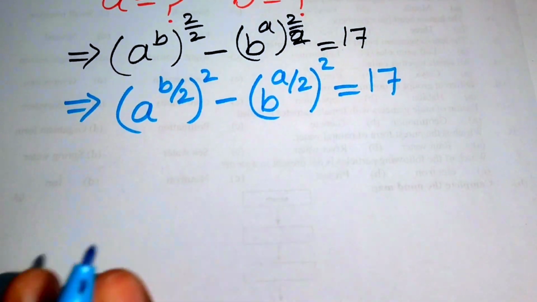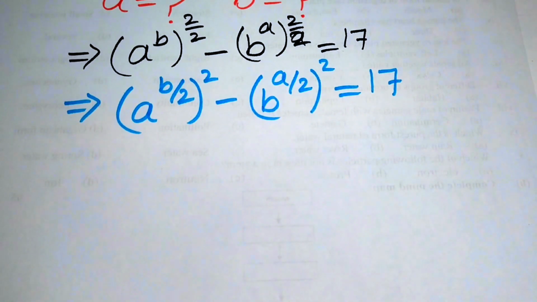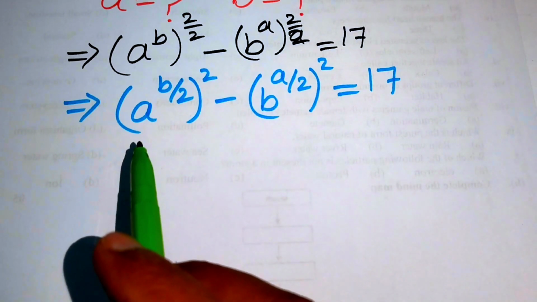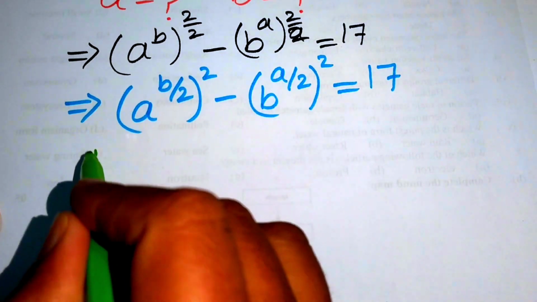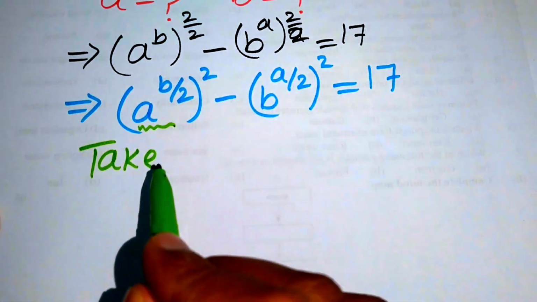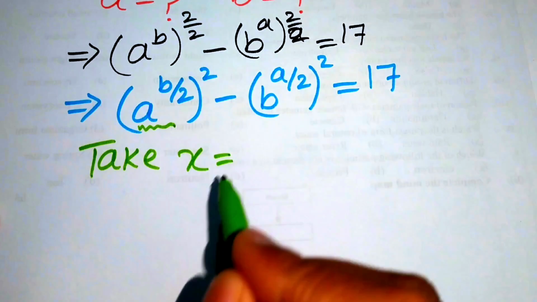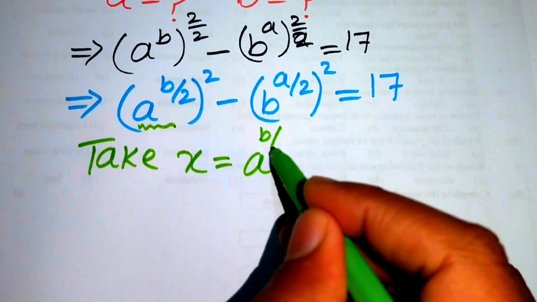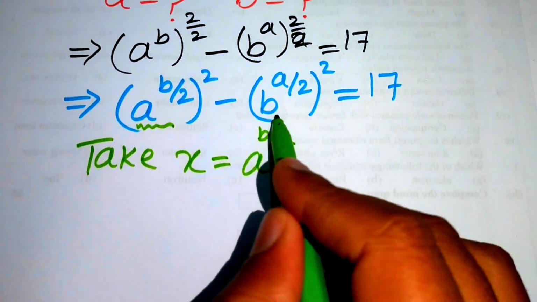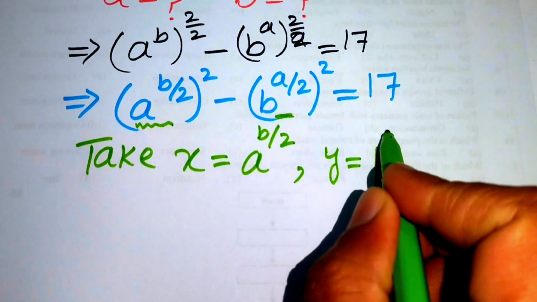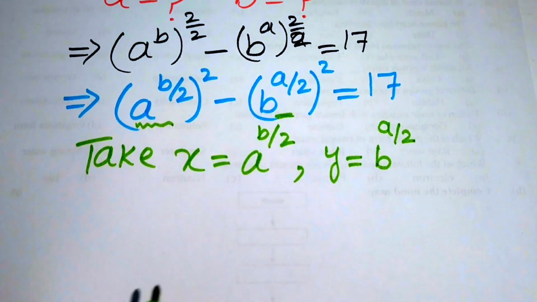Now in the next step we need a little bit of simplification. We first convert this exponential equation into a simple polynomial form in two variables, so we take the base of this term equal to x, that is x equals a to the power of b over 2, and we take the base of this term, y equals b to the power of a over 2.